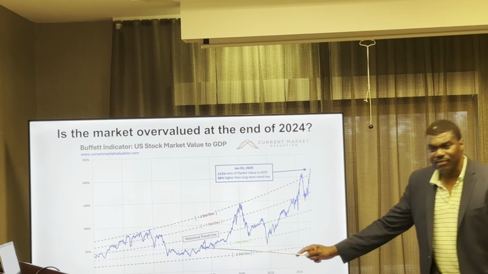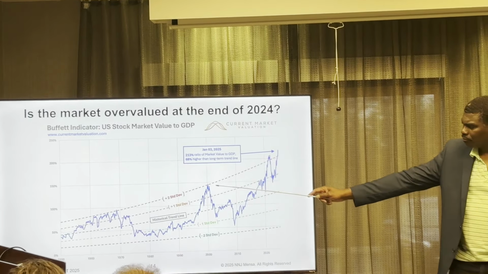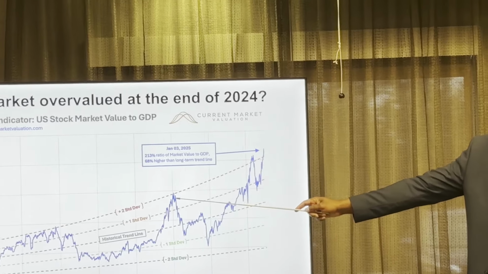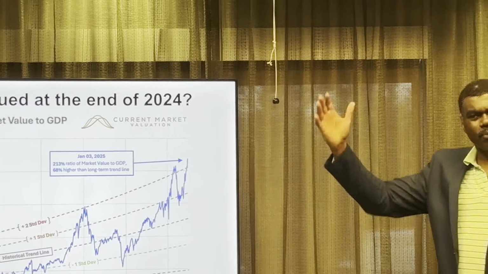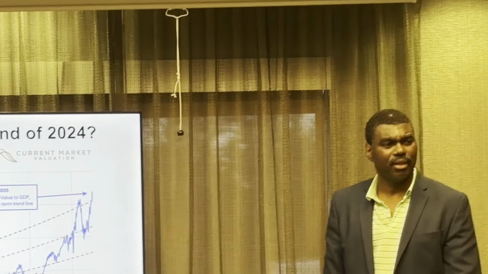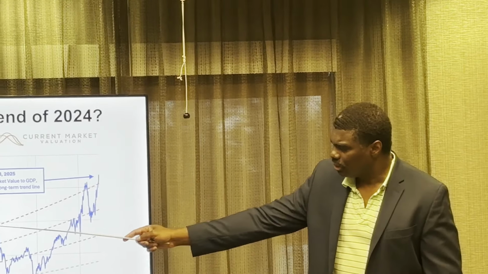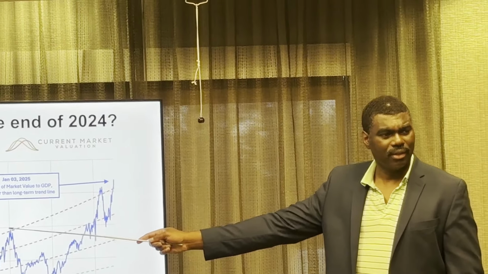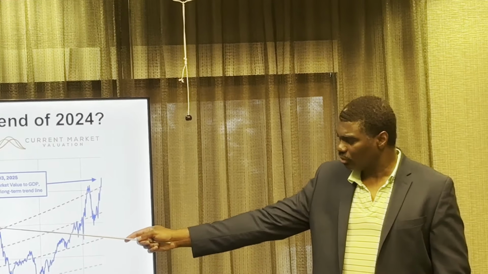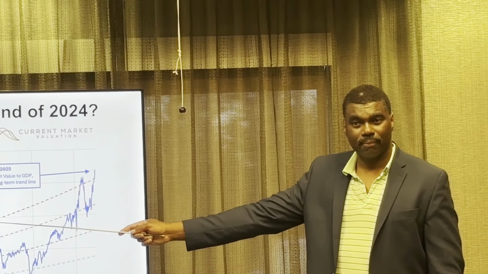But if you look at it, even during the dot-com bubble, the highest stocks ever reached as a percentage of the US economy was 1.5 times. That was the height of the dot-com bubble in 2000, 1.5 times.